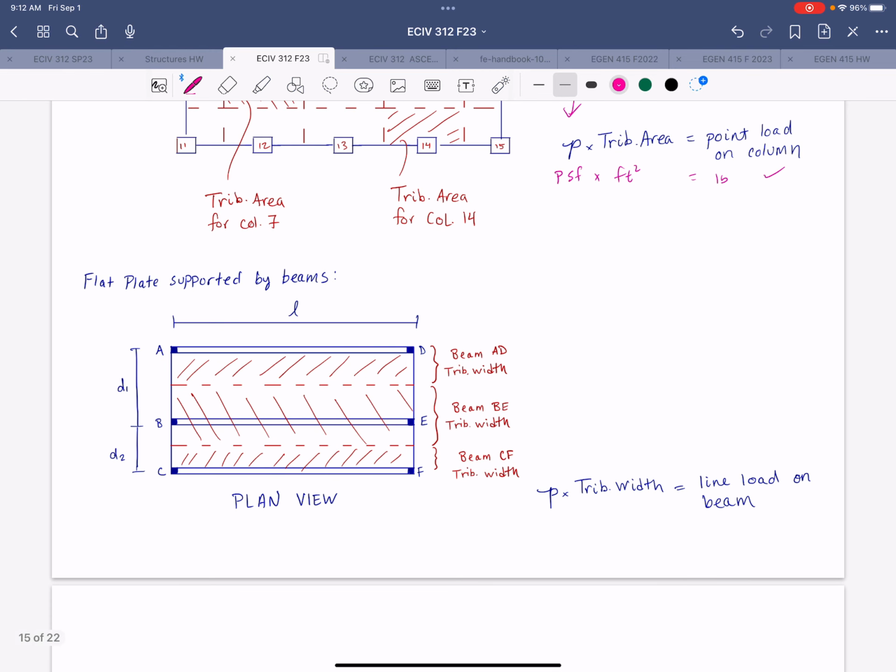All right, so now if we consider this flat plate supported by beams, would this be a one-way or a two-way floor system? One way, right? So the floor slab would transfer the forces to these beams that directly support it, and then those beams would transfer the forces to the columns.